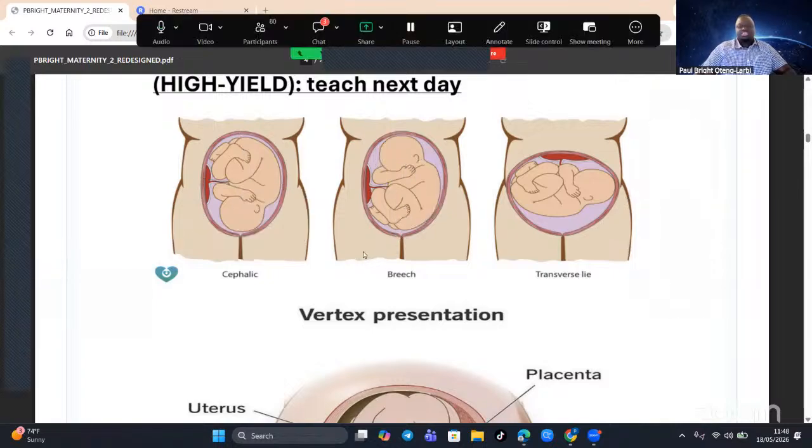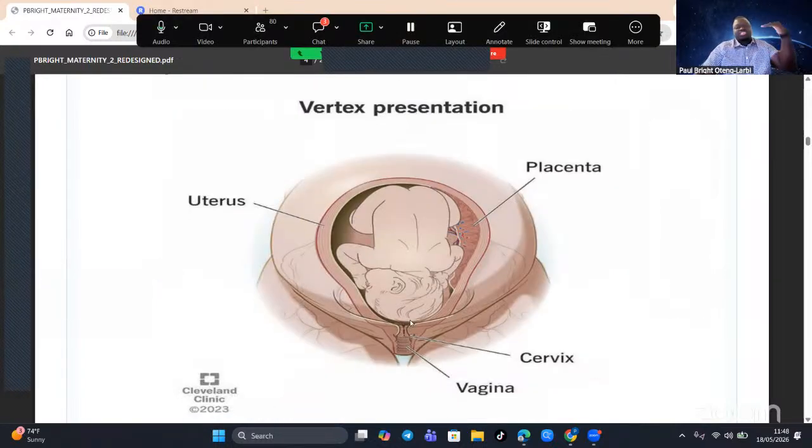Right. And we have the vertex presentation. So with the vertex, the back of the head. You see, this is the front of the head, this is the back of the head, entering the pelvis. Yes, this is a cephalic presentation, but it's vertex.